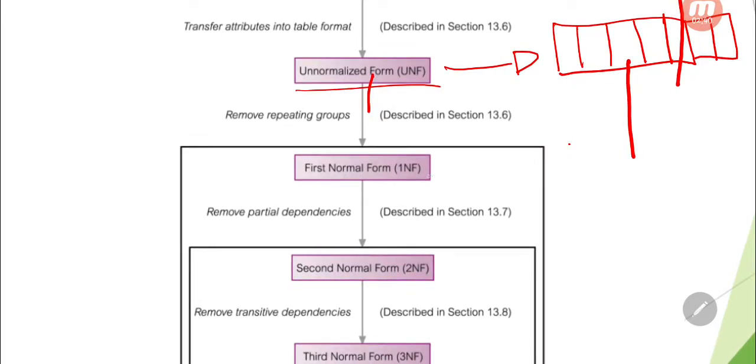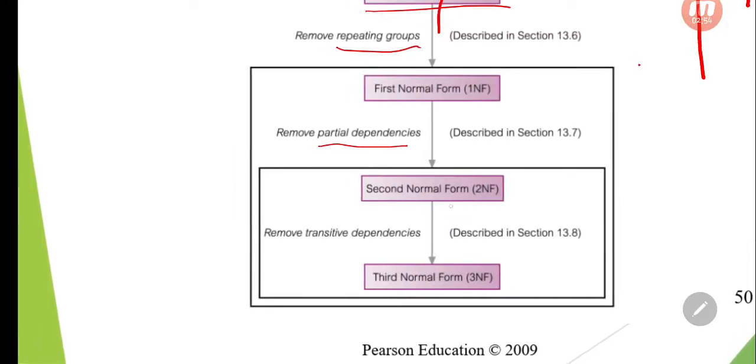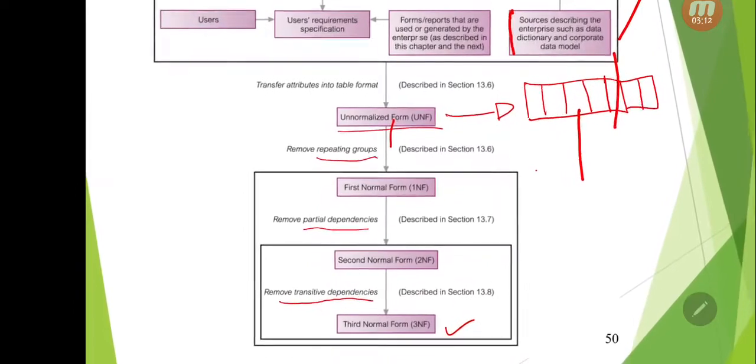And from the first normalized form, you remove partial FD, and then it will become the second normalized form. Once you have second normalized form, if there is a transitive dependency, you need to remove it, and then it will become your final normal form, the third normalized form. This is the process of normalization.